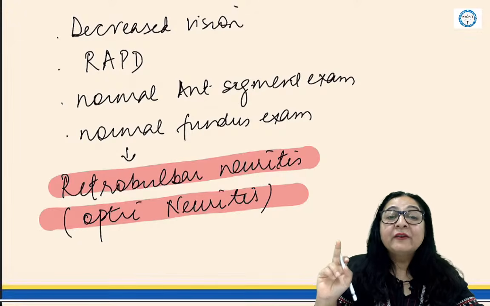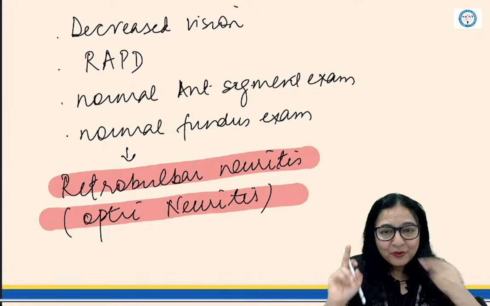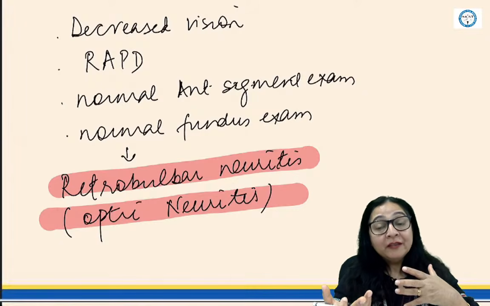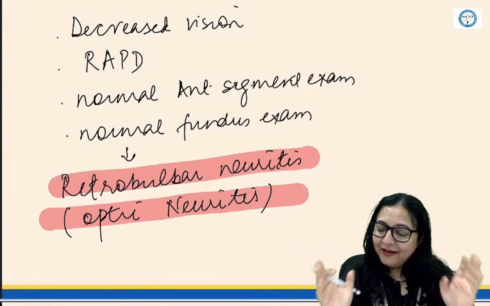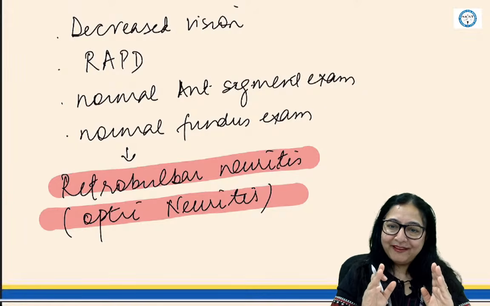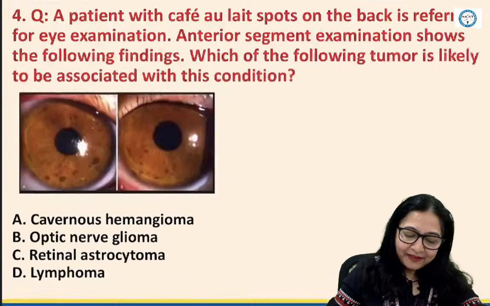This is a case of retrobulbar neuritis. Okay, beta? So don't get confused if there is a question related to that. Most of the time they might not give you a fundus picture. They may just write that fundus examination is normal. Even then your answer should be retrobulbar neuritis or optic neuritis. Okay? Right? Let's move to the next question.